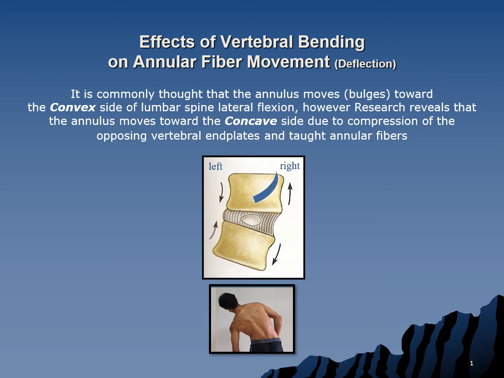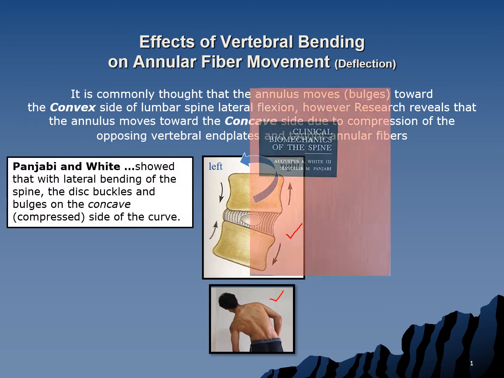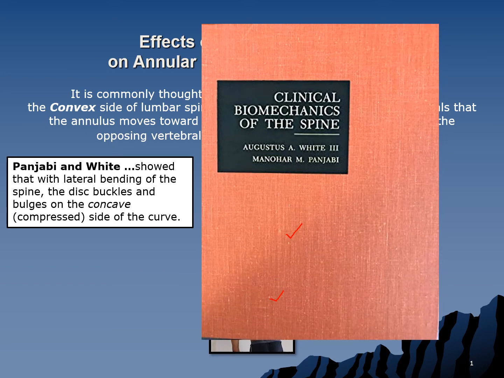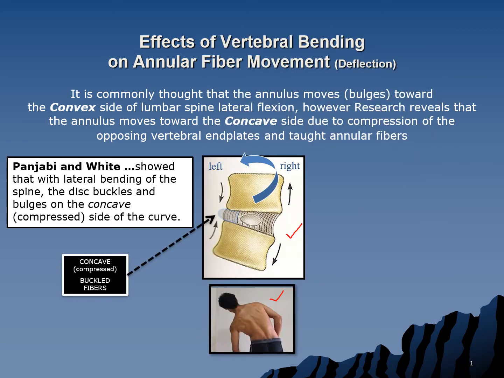So here's a depiction of, number one, a subject laterally bending to the left, and then we see here a motion unit in left lateral bending or left lateral flexion.